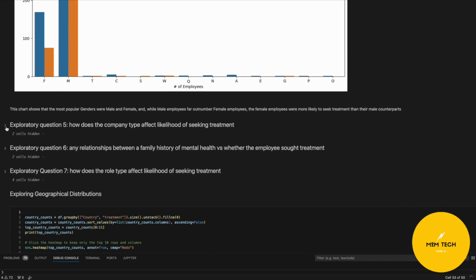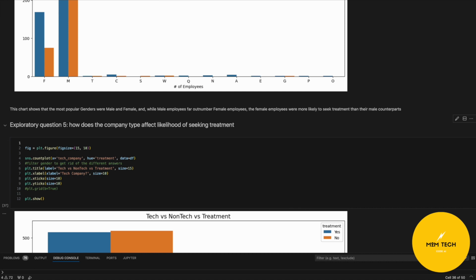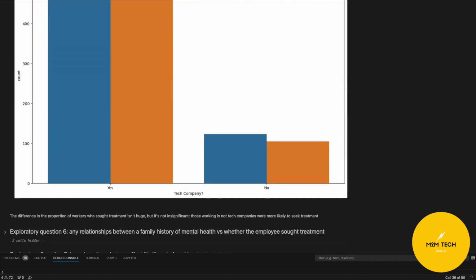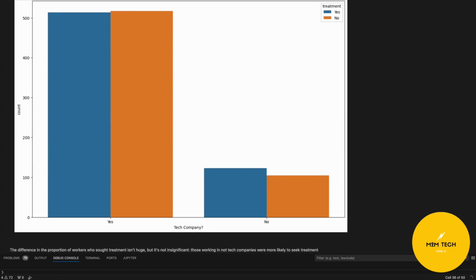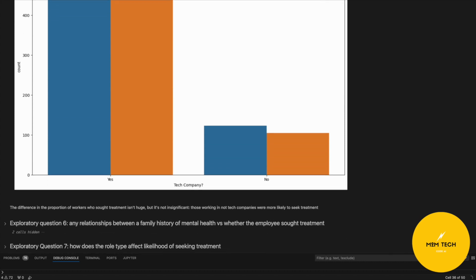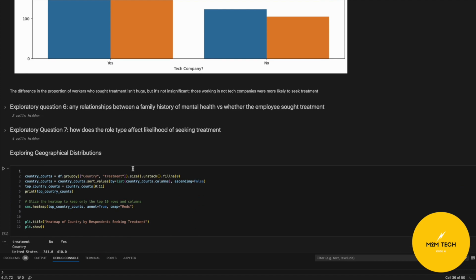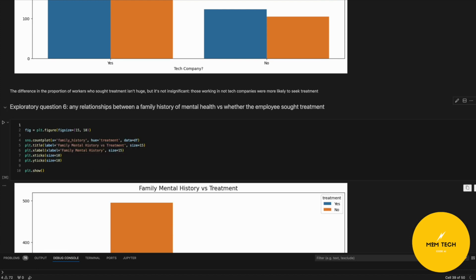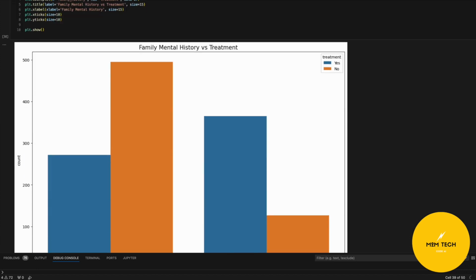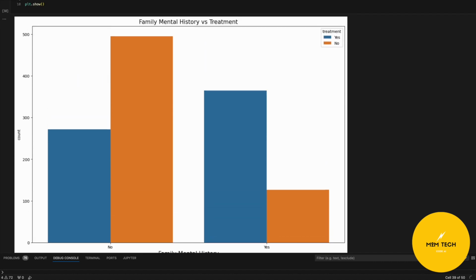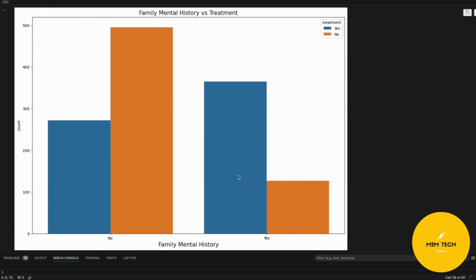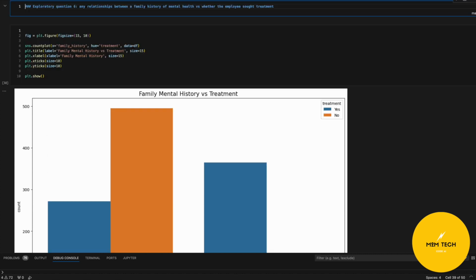The next question, number 5, is how does the type of company affect treatment? Tech versus non-tech. It's pretty similar, but those not in tech companies were more likely to seek treatment. Family history: those with a family history were more likely, for obvious reasons, to seek treatment than those without.